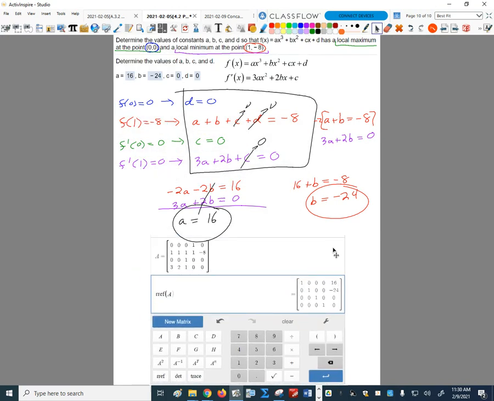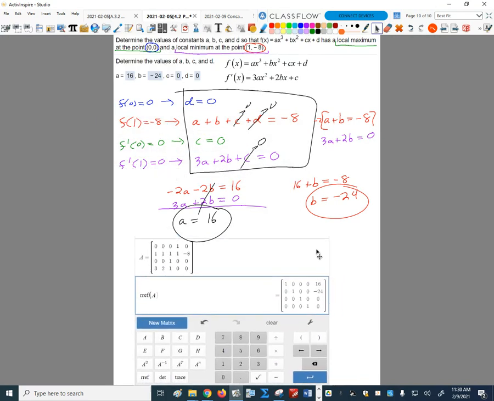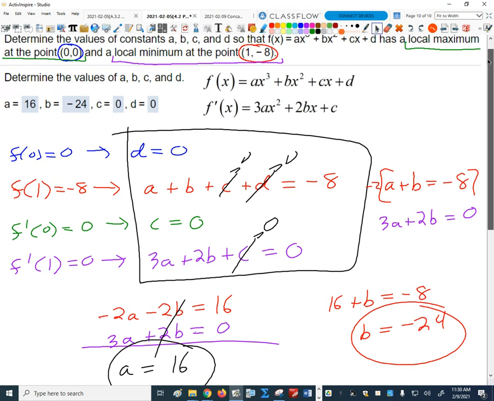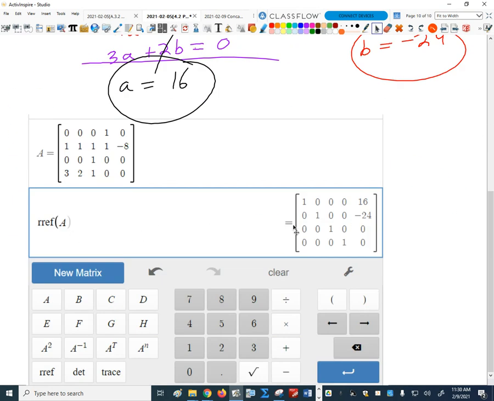There we go. So what's this telling us? There's our answer. If I do reduced row echelon form of A, that first row is just telling me that 1A plus nothing else equals 16. So that's just telling me A equals 16, right?